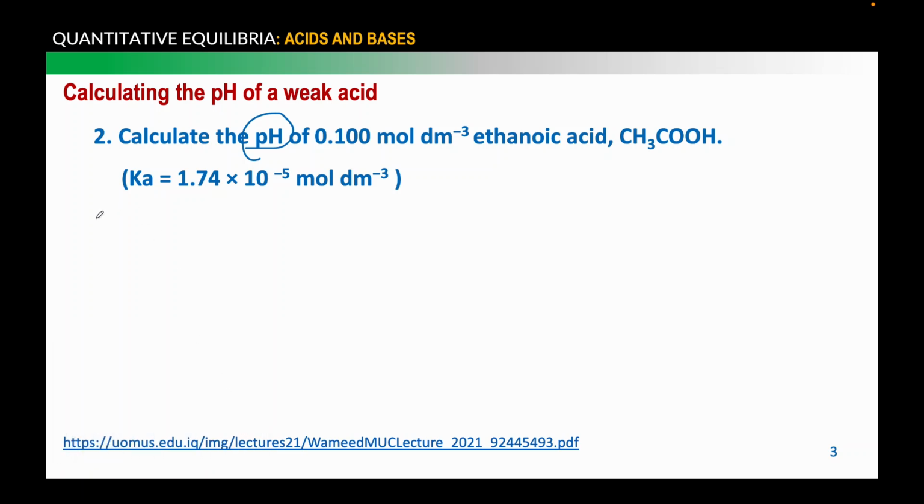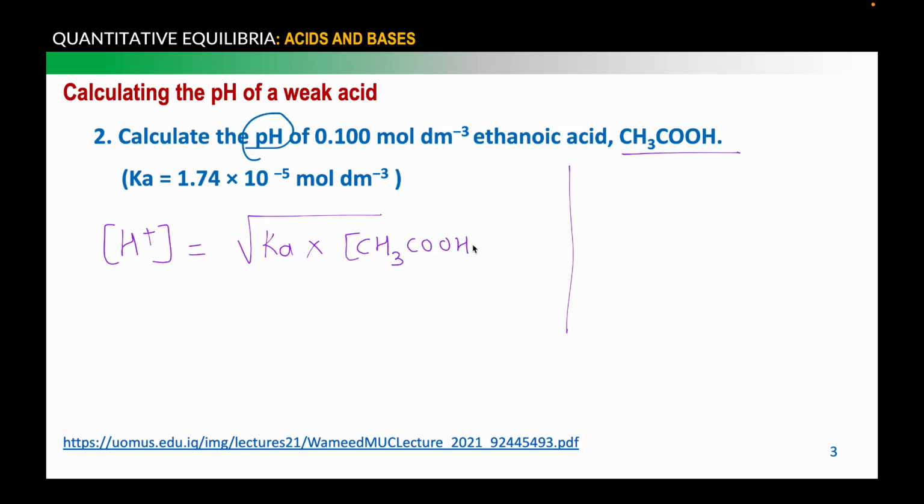Here we can directly take the equation, that is H plus is equal to the square root of Ka into concentration. This is ethanoic acid, students. So don't forget to write which acid is given. If ethanoic acid is given, write down the concentration of ethanoic acid.